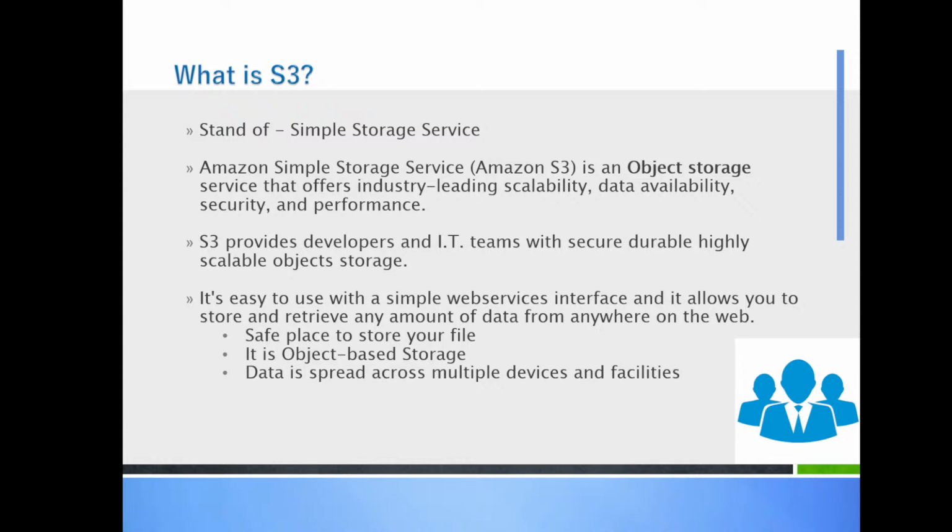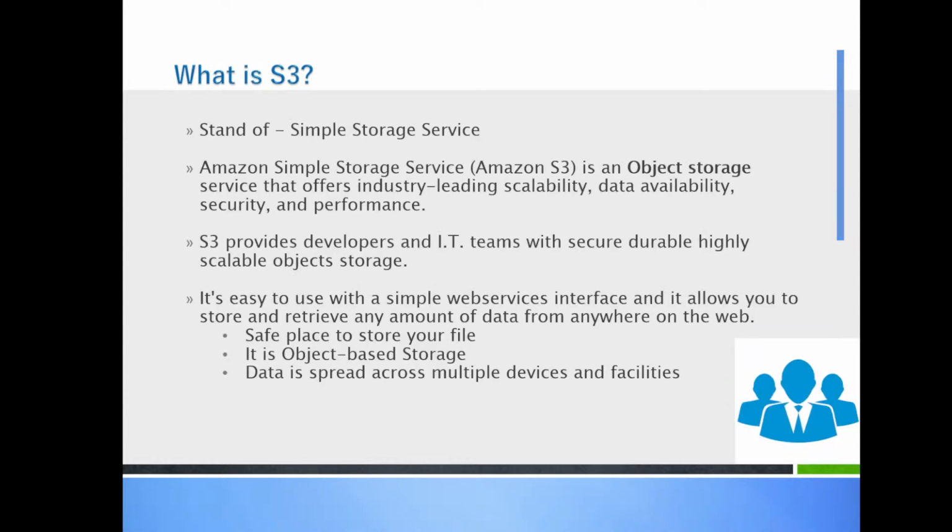Now why S3? The highlighted word is called object storage. What is object storage? What type of data can I store? Where is the data stored? Data is stored in Amazon data servers or data centers, right?